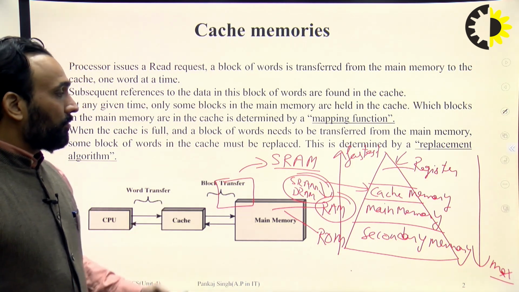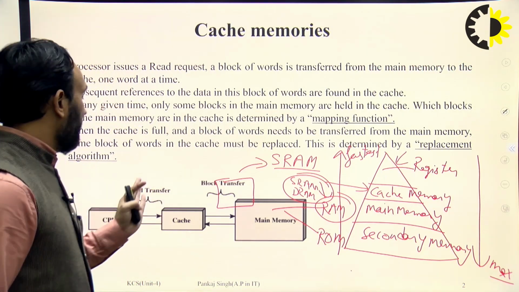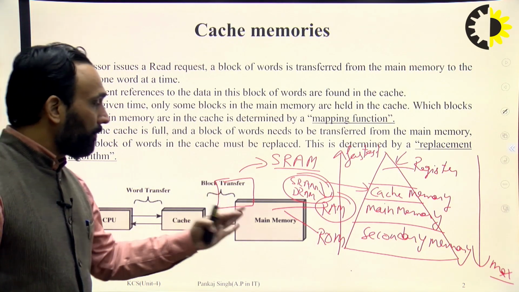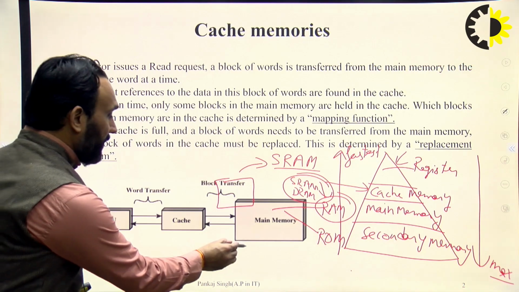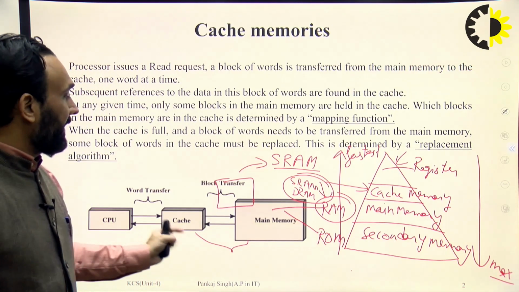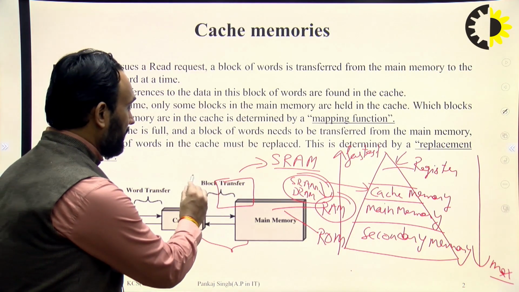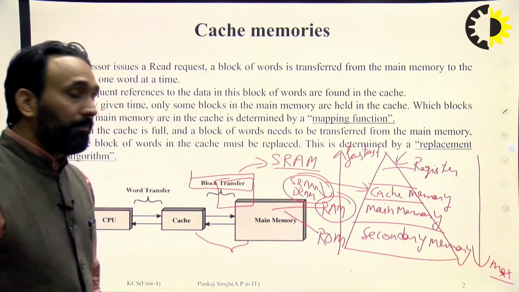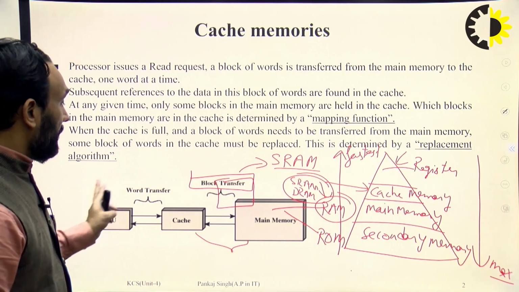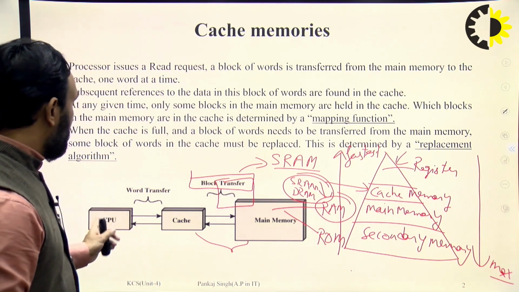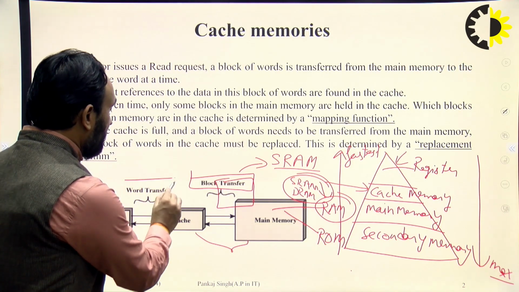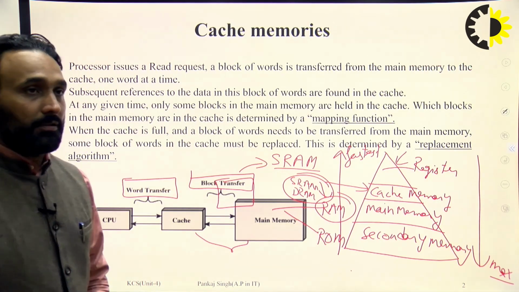If we talk about the terminologies used between CPU, cache memory and main memory, the data shared between cache memory and main memory is in terms of block transfer. And the sharing of content between CPU and cache memory is in terms of word transfer.